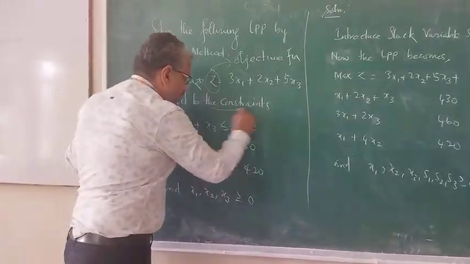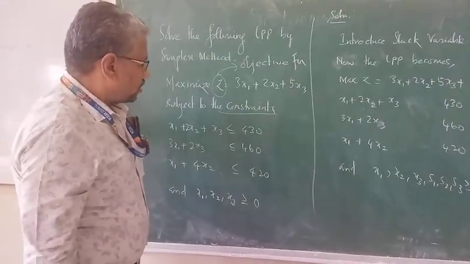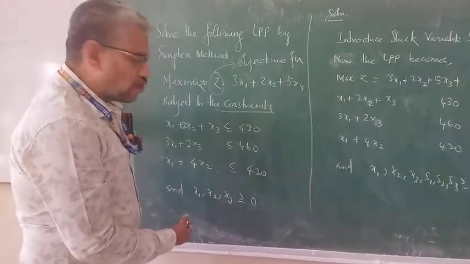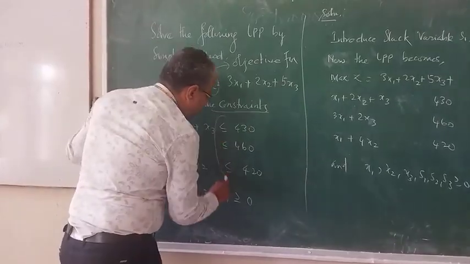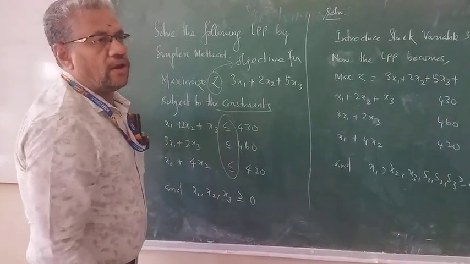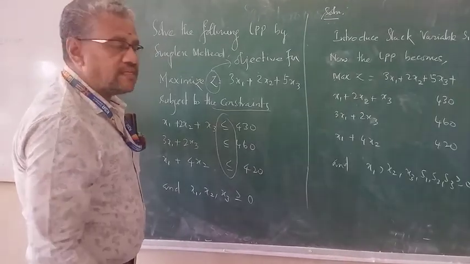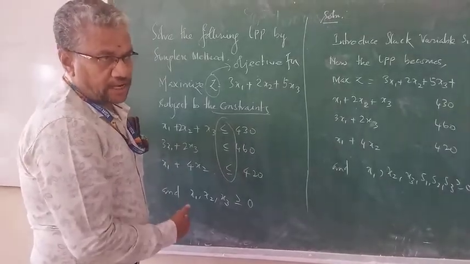So the second component is called constraints. There may be any number of constraints. In this problem we have got three constraints. Constraints means it is the inequality sign. It may be less than or equal to sign, or equal to sign, or greater than or equal to sign. But in the fundamental simplex method, we will get only less than or equal to sign.